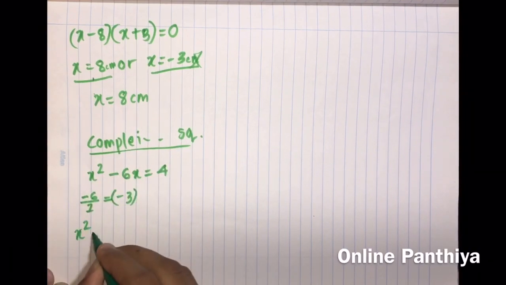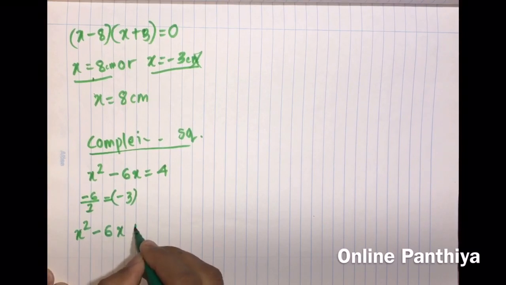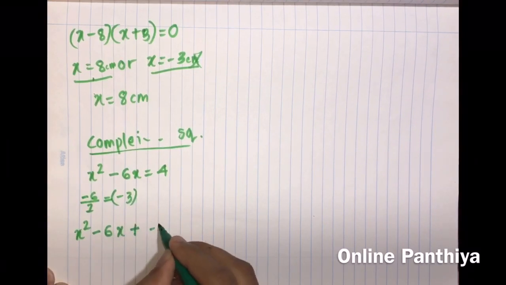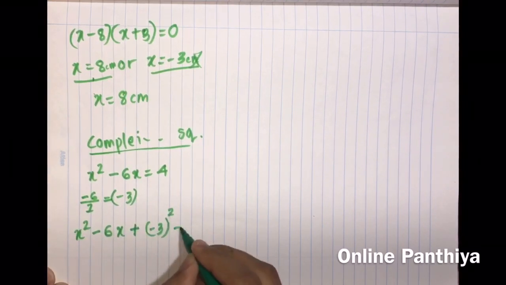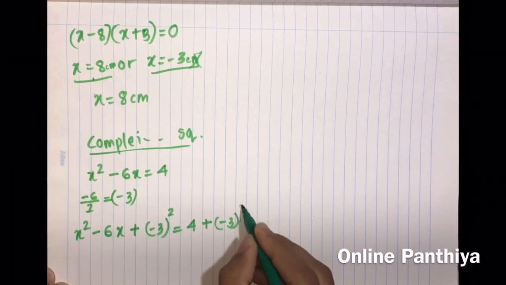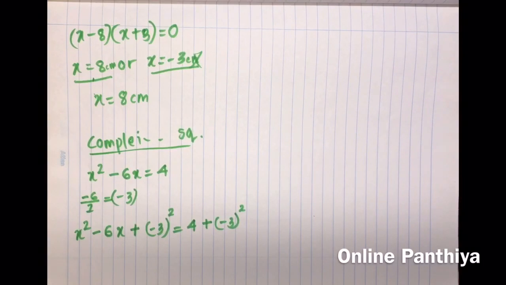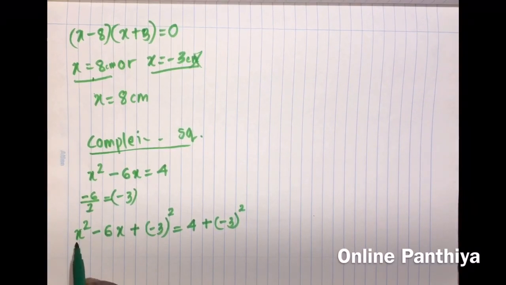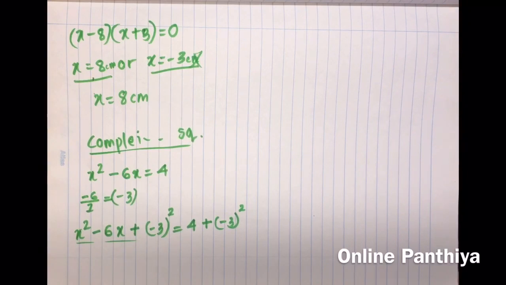That is, you have to add the square of this term to this side, and also add the square of this to both sides. Is that clear? Okay, this part is done. Now you have to factorize this. This is where you have to listen. How do you factorize?